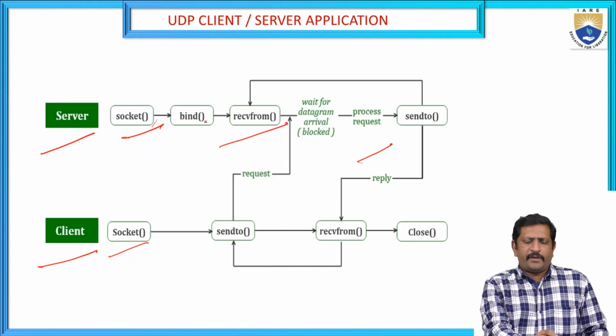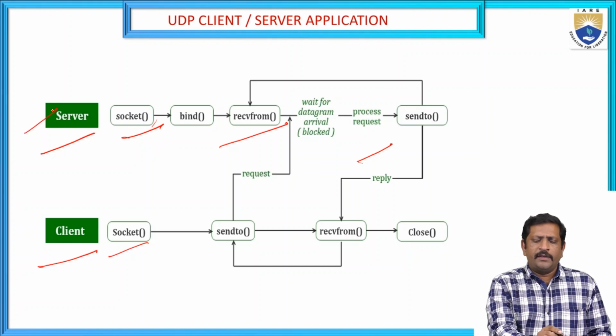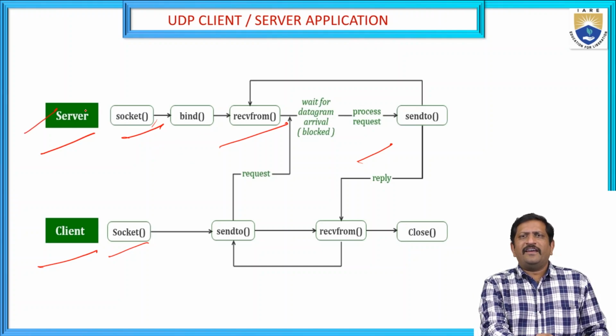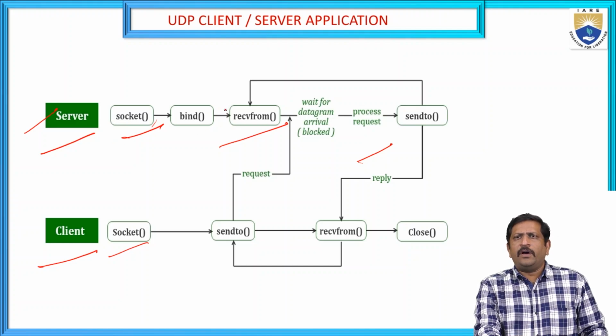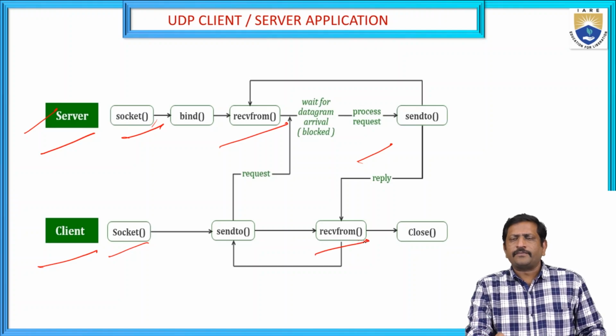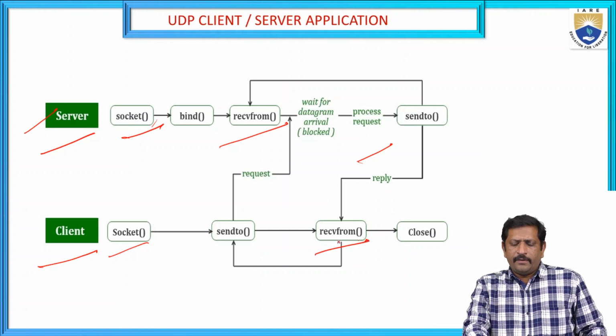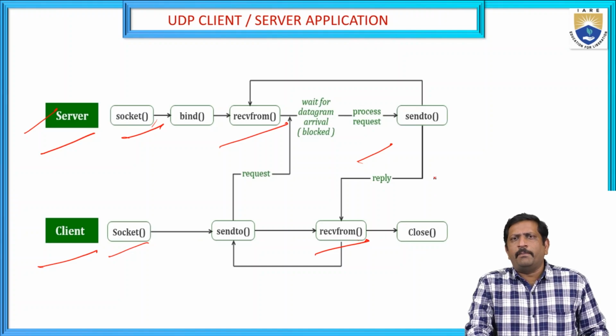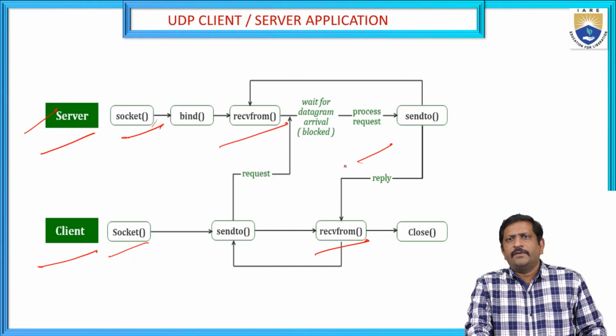After completing the process, the server sends the reply. Once it sends the reply, the client receives the reply from the server, and once the communication is completed, the connection will be closed.